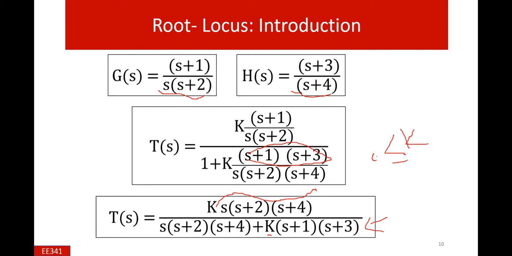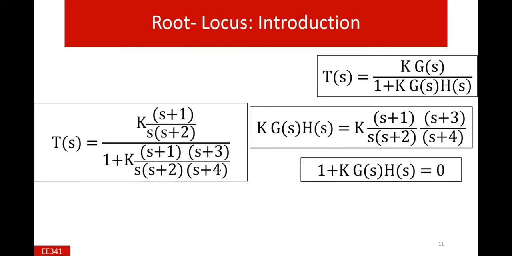Similarly, if K approaches infinity, the values move, and in between. This concept will be clear in the next part of the lecture.